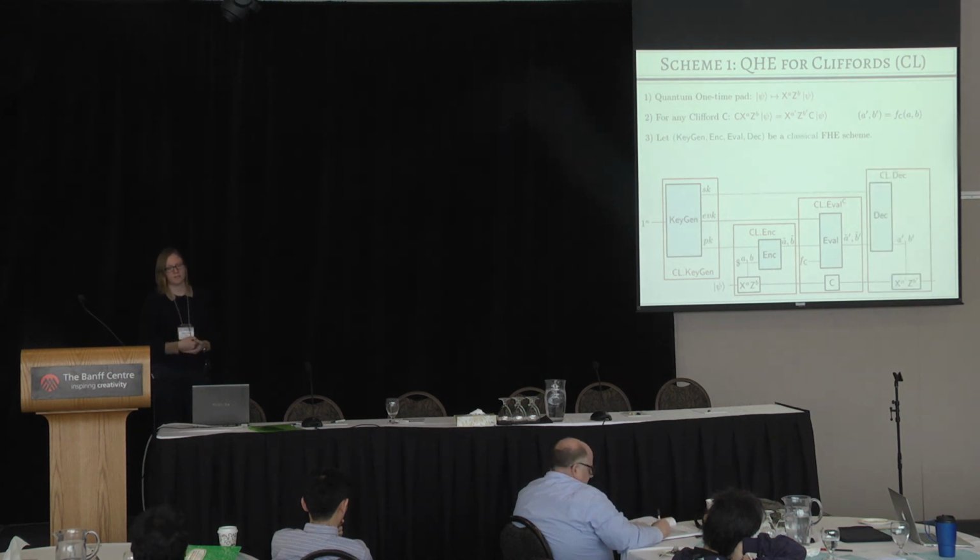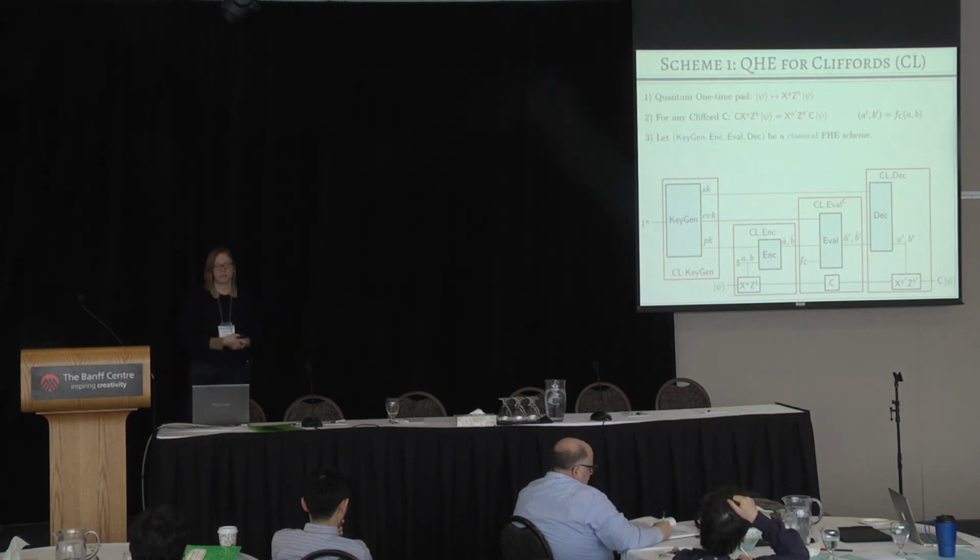So now to decrypt, we're just going to decrypt our encryptions of A prime and B prime, and then we have keys A prime and B prime, which we can use to undo the quantum one-time pad. And the result is just the Clifford circuit C applied to our original state psi.